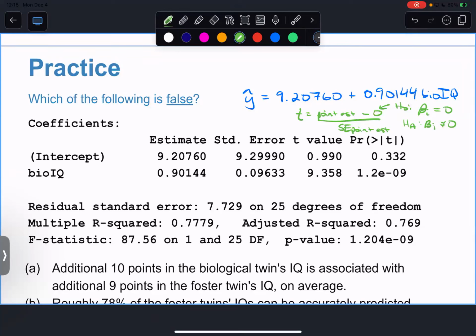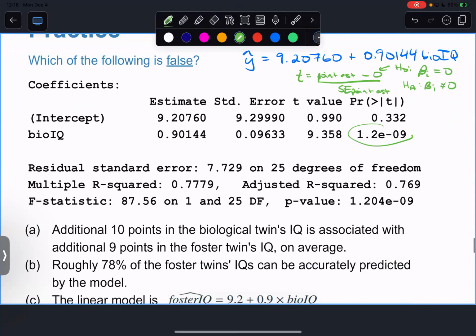This is obviously not something that's on your final exam, but it's fun to know because we know how to do these things. And so here, your two-sided p-value is 0.00080129, very, very, very small, telling me that the slope is significantly different from 0.